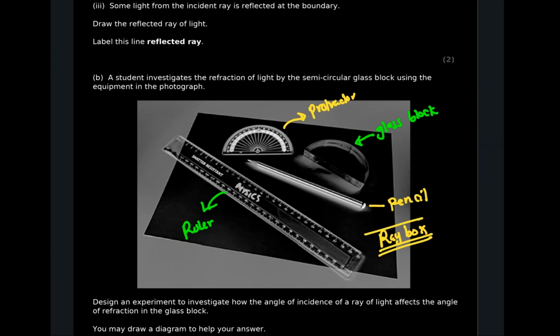We need a ray box which will act as a source of light, but it's not here. We know that the ray box is going to act as the source of light. Glass block is going to refract light. Protractor is going to be used to measure angles, and the ruler is going to be used to draw straight lines.